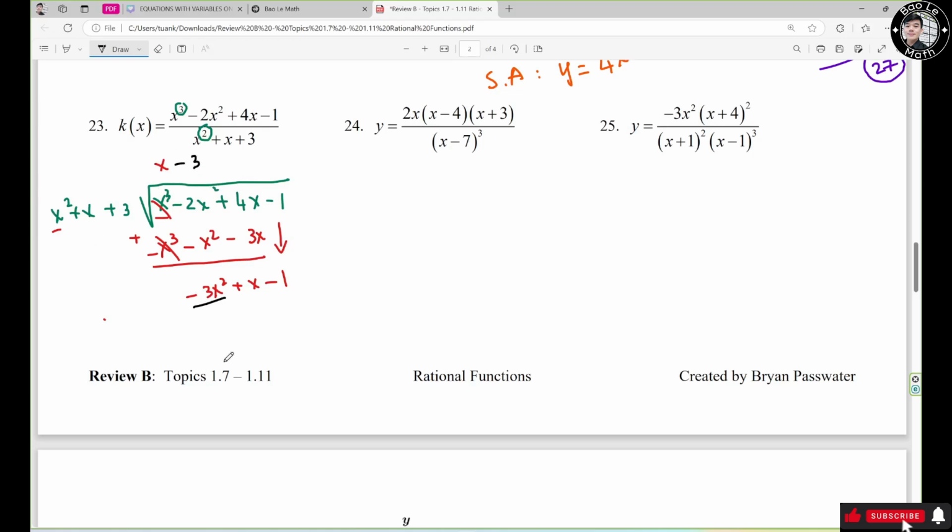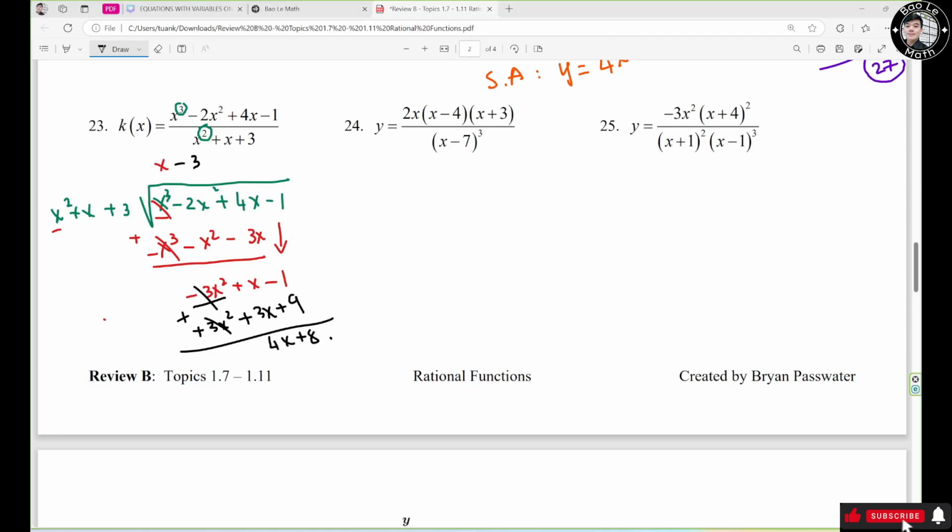Multiply this back, it's negative 3s squared, so I change the sign, plus 3s squared. Negative 3 times s is negative 3s, change the sign, plus 3s. Negative 3 times 3 is negative 9, change the sign, plus 9. Now I need to add them up. So this one cancels out. It's 4s plus 8.